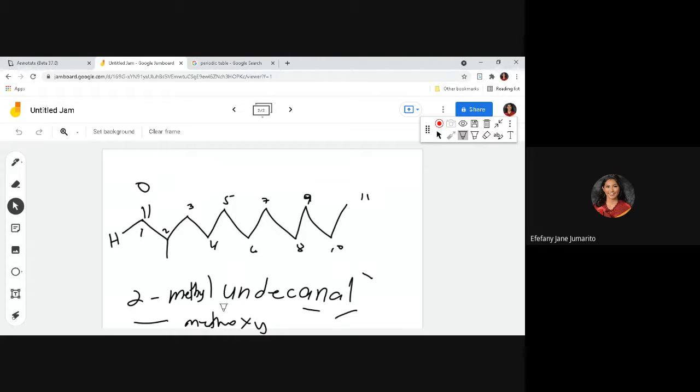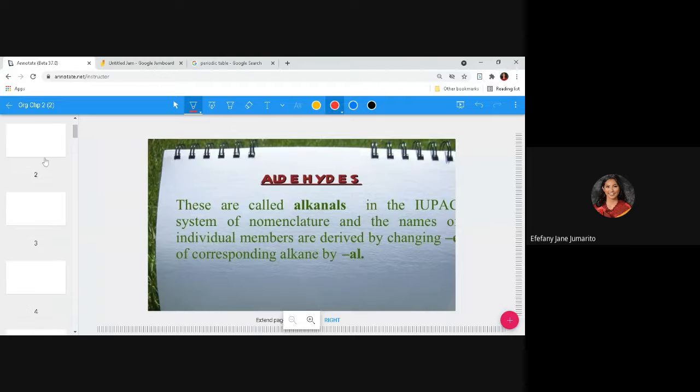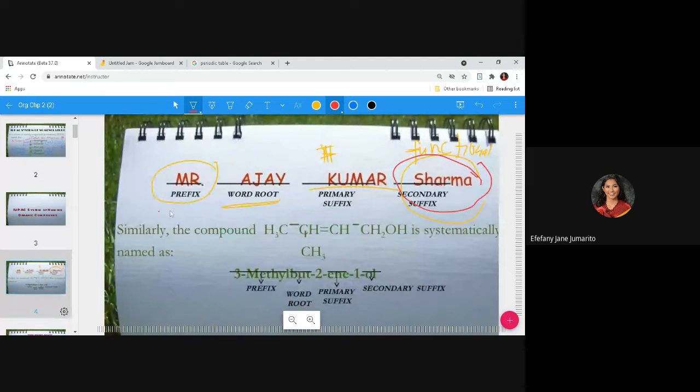Also for our halides, ug mag-name ta sa halides, asa siya ibutang as prefix or suffix? Class, ang halides nato ibutang sa prefix or suffix when we name it? Mahimo siyang prefix. Prefix class, kato nga prefix ibutang nimo before. Like this one. This is your prefix. Ang ato ang halides, asa na ibutang?